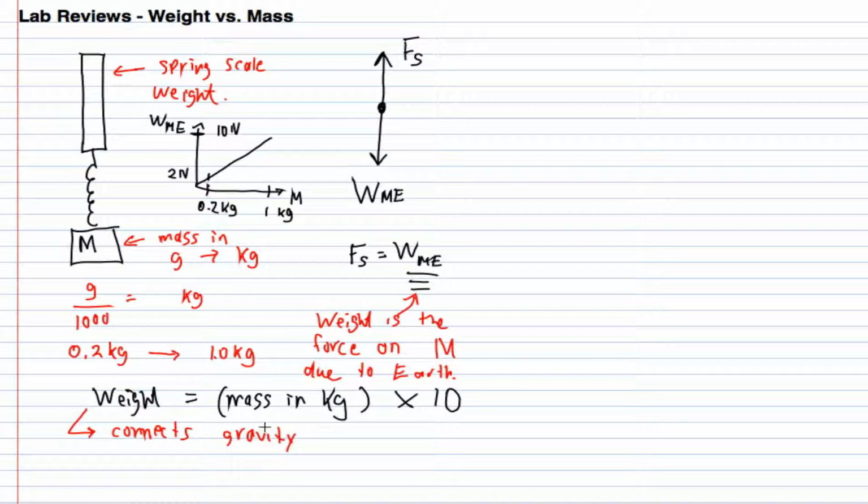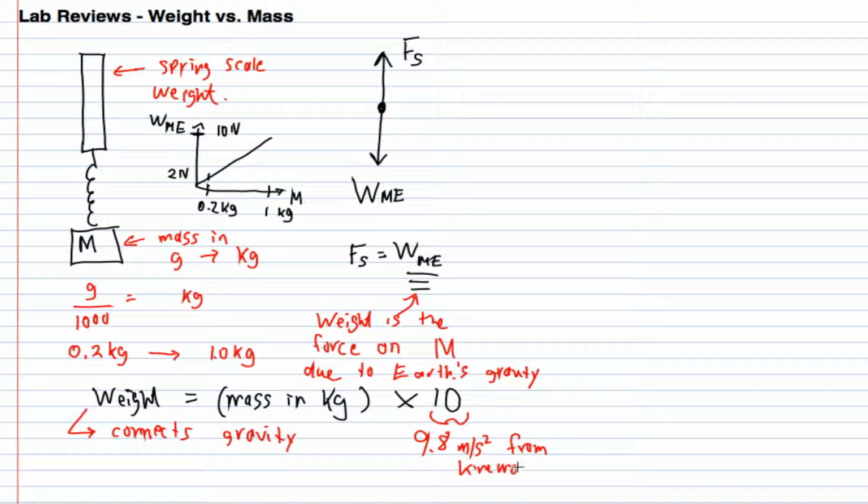They asked themselves a deeper question, and this is really the conclusion we were going for, and I didn't tell you this in class. Almost everybody deduced this. What causes weight is the gravitational pull of Earth. So when we say weight is the force on m due to Earth, what we really mean is due to Earth's gravity. And if that's the case, maybe this 10 that we were measuring is in fact exactly the 9.8 meters per second squared from kinematics.